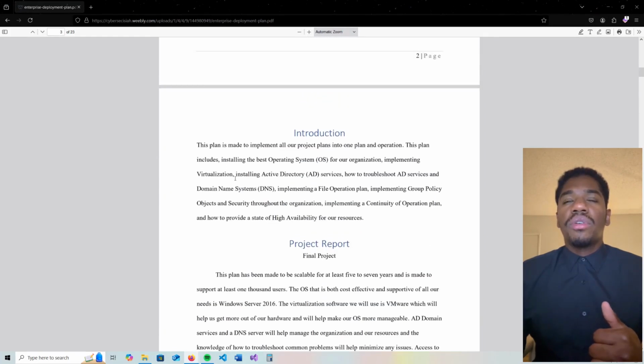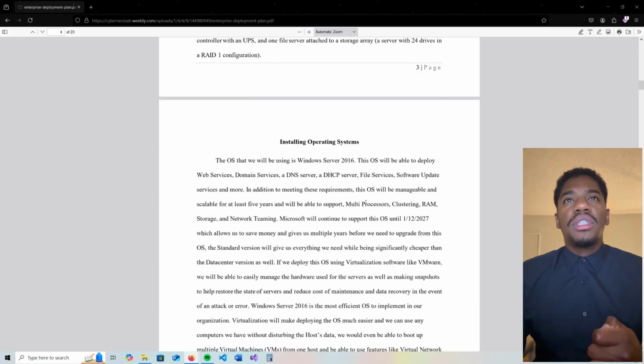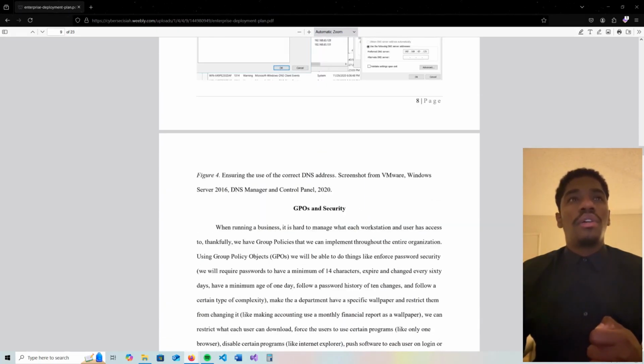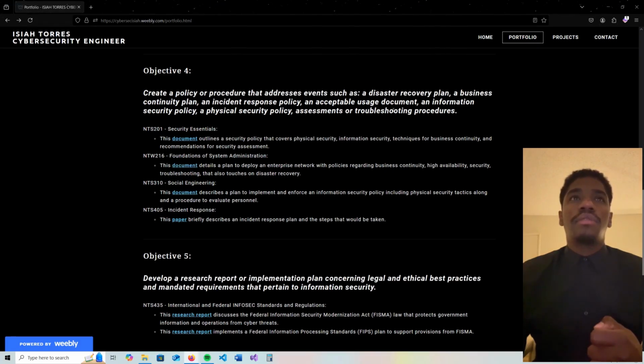This one is very thorough, including pictures and step-by-step guides. So all of these directly correspond to the objective of creating a policy to address these events.